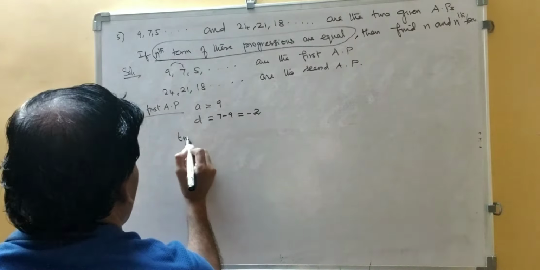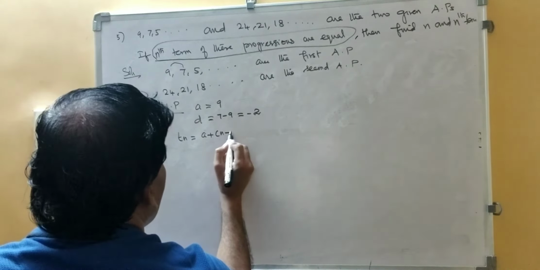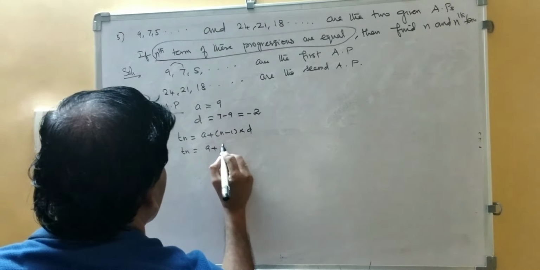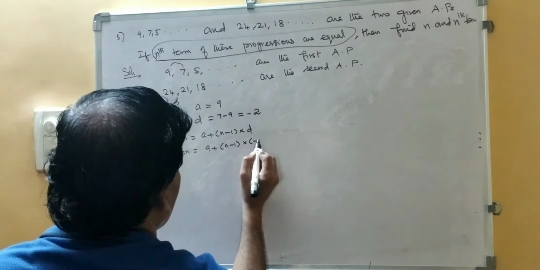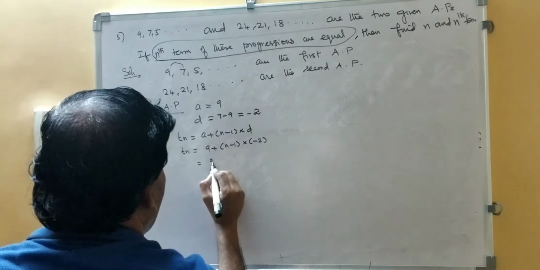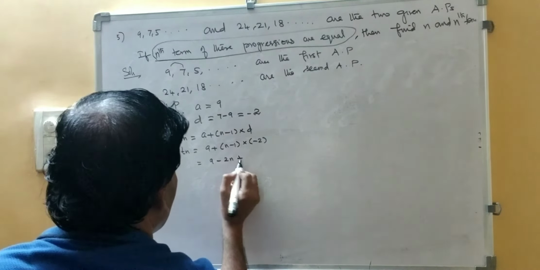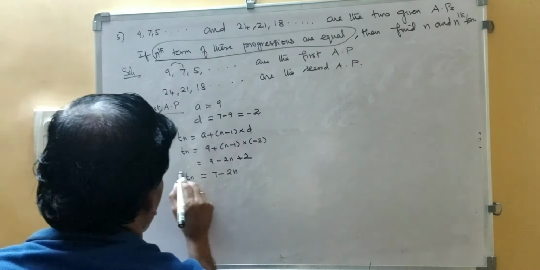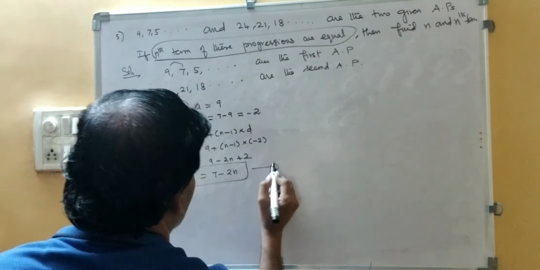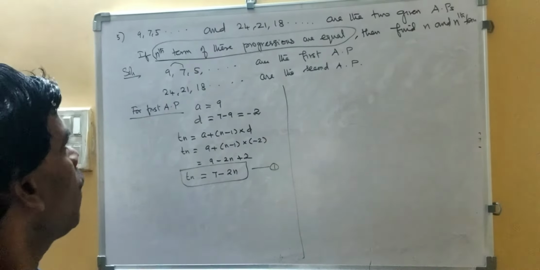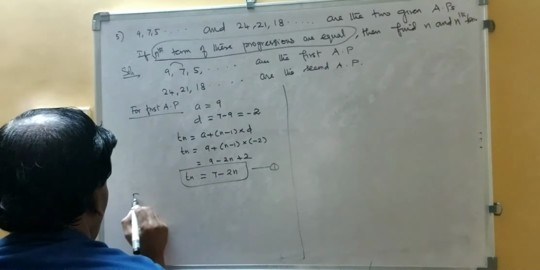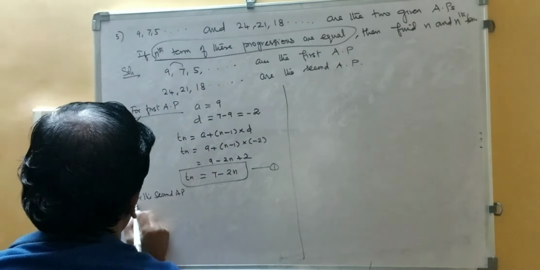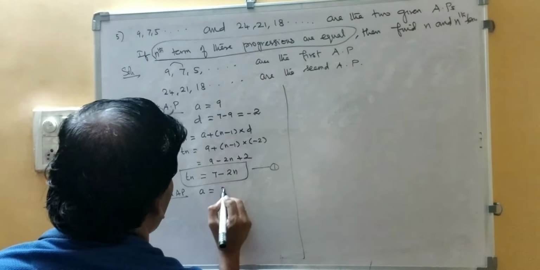Okay. Now Tn equal to A plus n minus 1 into d. So Tn equal to 9 plus n minus 1 into minus 2. So it is equal to 9 minus 2n plus 2 is equal to 11 minus 2n. Okay, this we got. Similarly, for the second AP, what is A? 24.